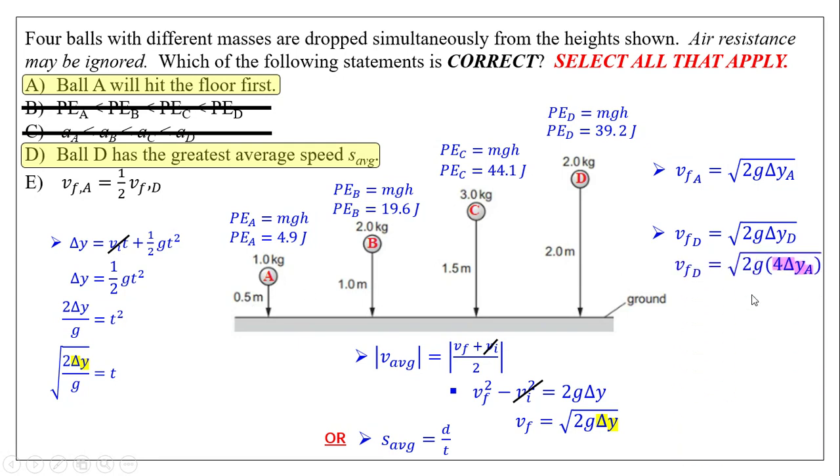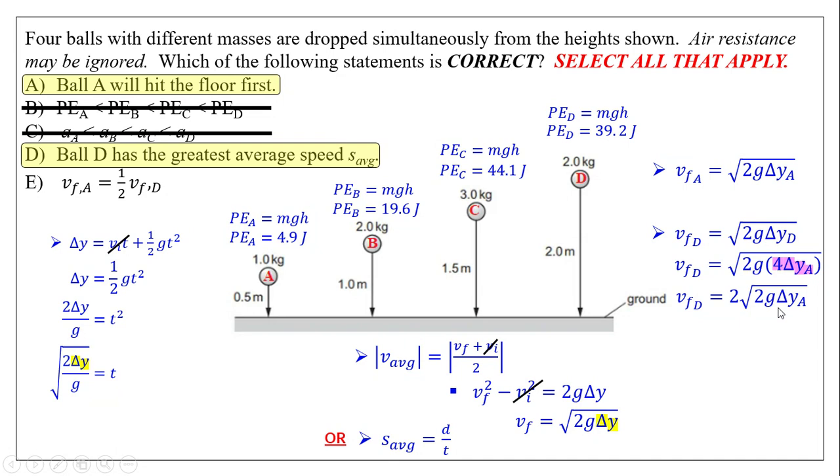So I can just replace delta y D with 4 times delta y A, because 4 times 0.5 gets me 2, which is the height of object D. As you can see here, we have a coefficient of 4. The square root of 4 is just 2, so I'm going to pull it outside of the radical sign, and keep everything else the same. The radical of 2g delta y A stays underneath the radical.